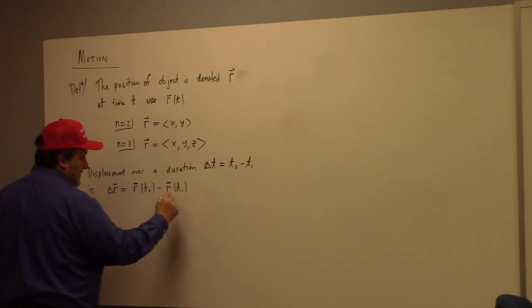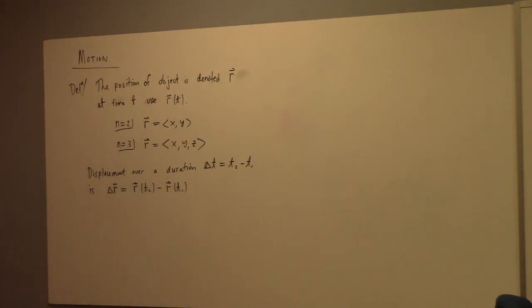So it's the difference in position vectors from time 1 to time 2 for a given object. It doesn't have to be for a given object. We can look at the displacement between different objects, right? It's not written in stone. Like in the last example we looked at displacements between different objects. It's still meaningful.